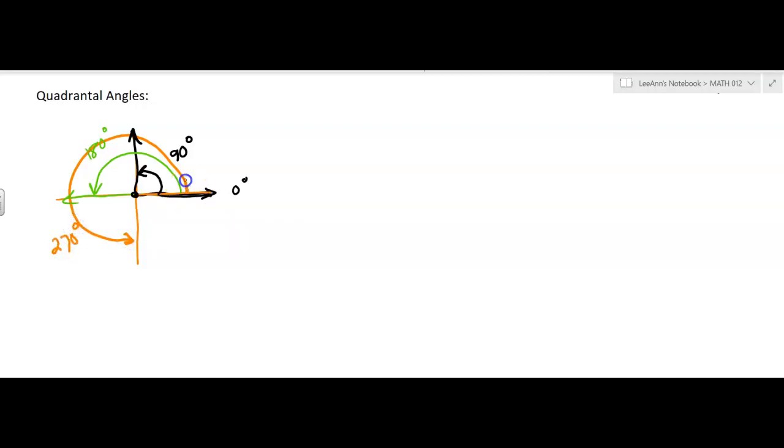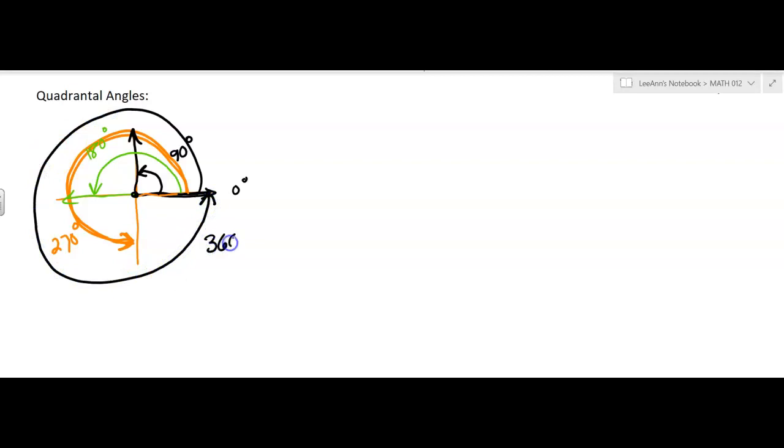So you're talking about an angle that's going all that far around, like 3/4 of a circle, if you want to think of it that way. All right, and then finally, you can go all the way around, and that would be 360 degrees, okay? So those are the quadrantal angles. 0 degrees, 90 degrees, 180 degrees, 270 degrees, and 360 degrees.